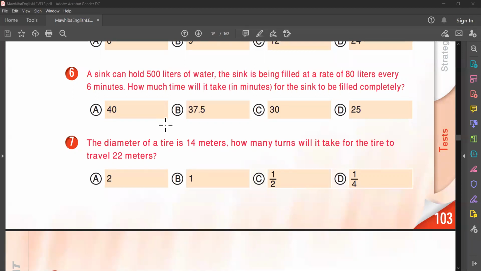A sink can hold 500 liters of water. The sink is being filled at a rate of 8 liters every 6 minutes. So a sink is 8 liters.